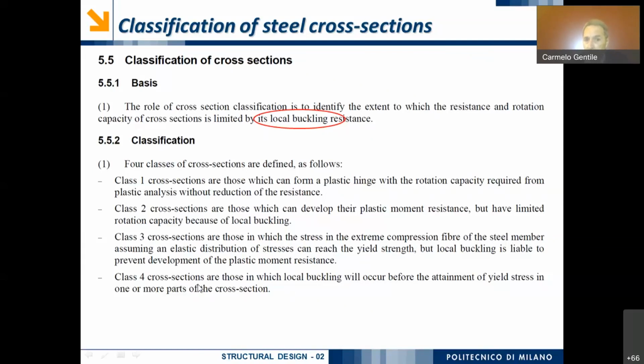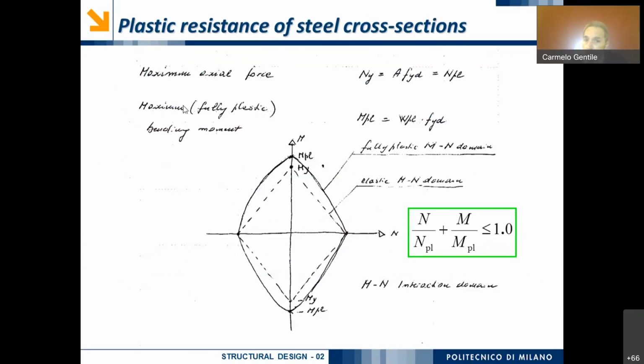Class 4 cross-sections are those in which local buckling will occur before the attainment of yield stress in one or more parts of the cross-section. So this means that when we are dealing with a class 3 cross-section, I have to refer to the elastic interaction domain, and I cannot accept a bending moment which is larger than the first yielding bending moment.